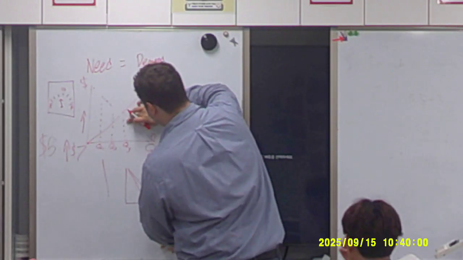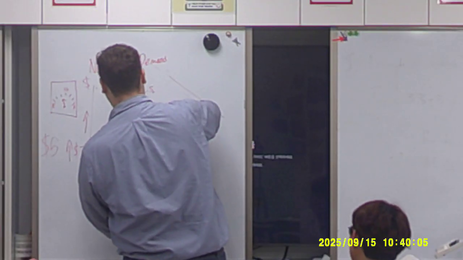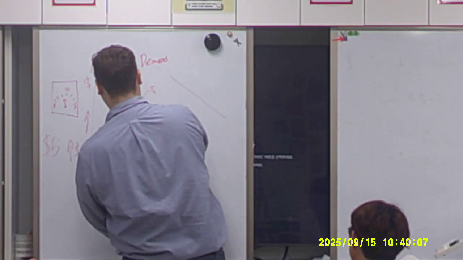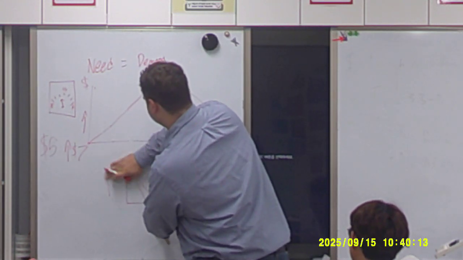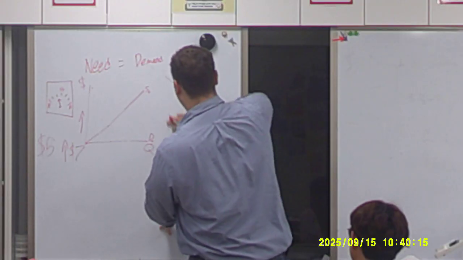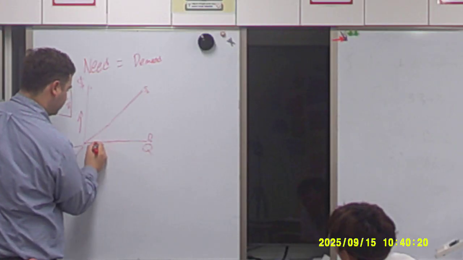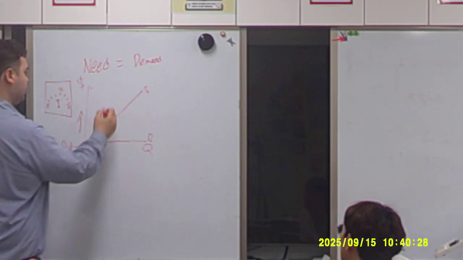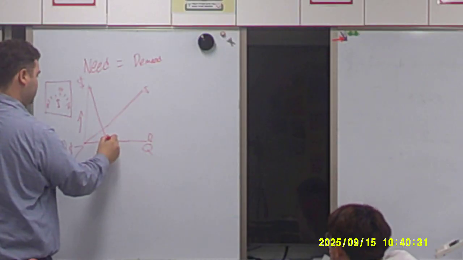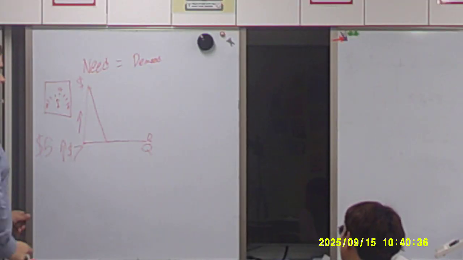So let's redraw the graph. So remember, the bottom one, the x-axis, is quantity that we buy from the demand side, right? So let's not even look at supply right now, but just at the demand.